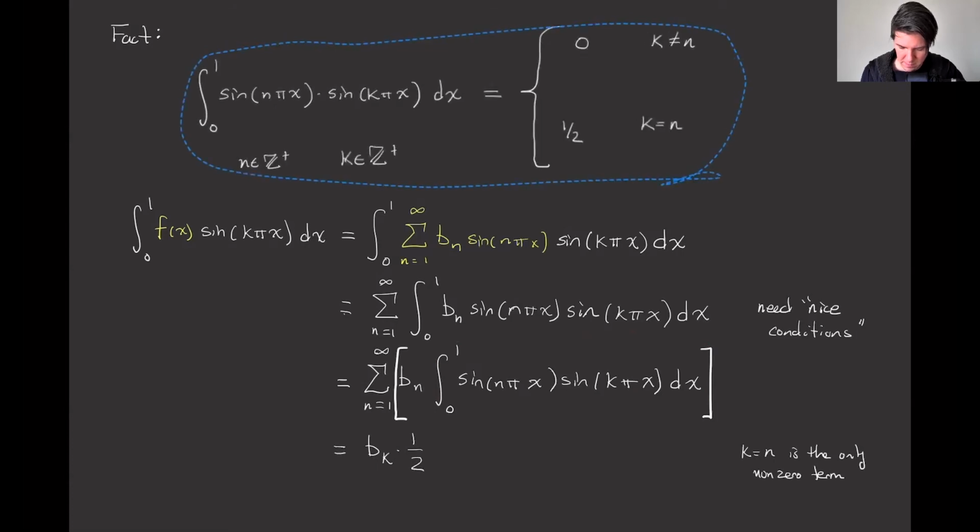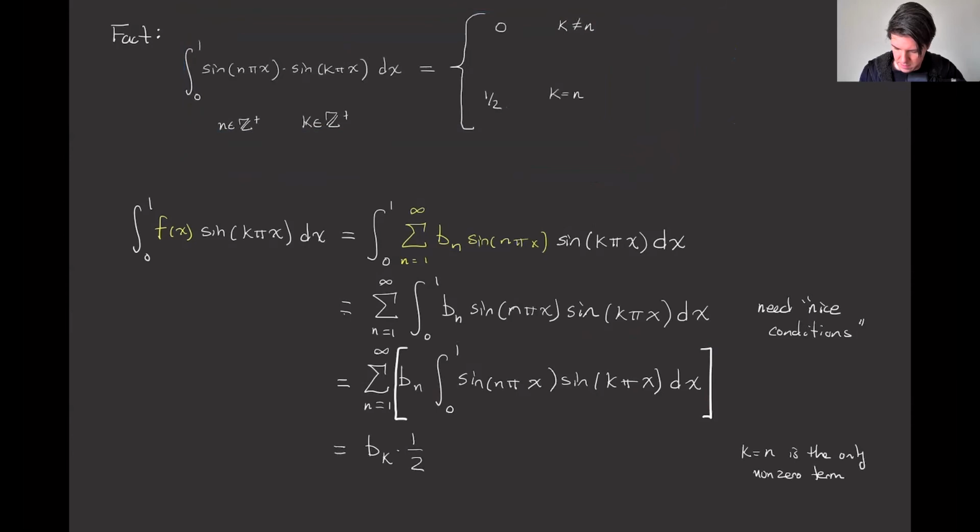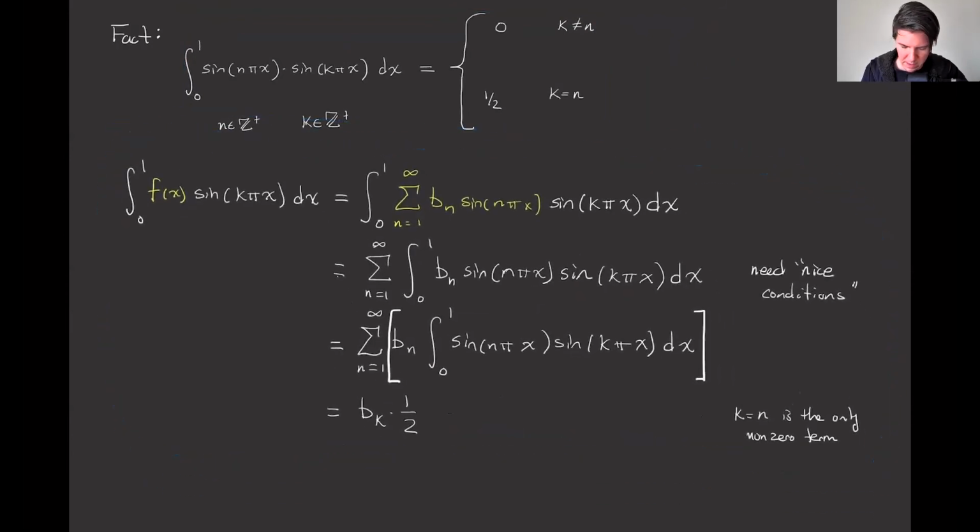Seems fine. Let me shrink this, resize, and raise this up. What that then means is you can multiply both sides by 2, and you get bk is equal to 2 times the integral from 0 to 1 of f of x sine k pi x dx.